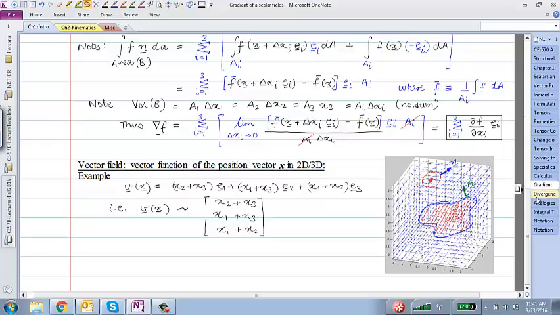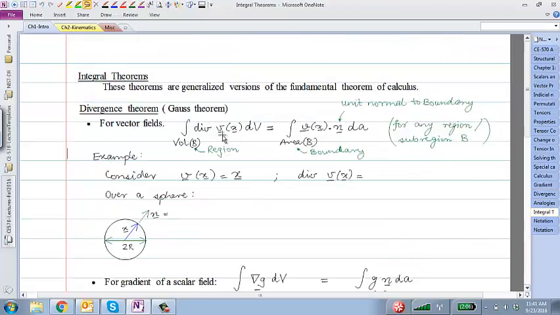So that's what the divergence theorem says, that if I have some vector field, take the divergence of that, that's the derivative of some vector field, integrate it over the volume of the body, that will be equal to the same vector field dot product with a unit vector that is normal to the body and integrated over the surface area.